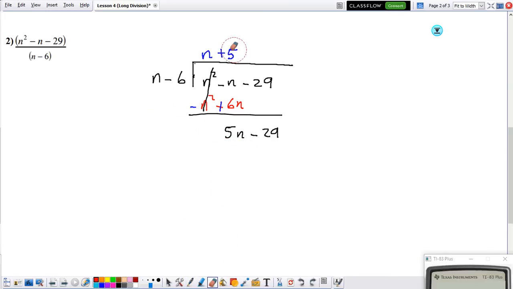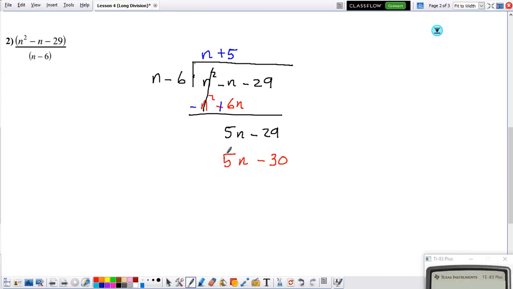Now that we have found the second term in our answer, we got to perform the multiplication. Let's do the multiplication in red. So now we're going to have n times 5, that becomes 5n. -6 times 5, that's -30. And remember, once you're done with multiplication, you always need to change the sign.